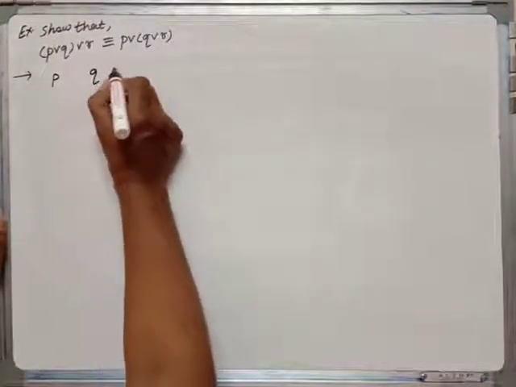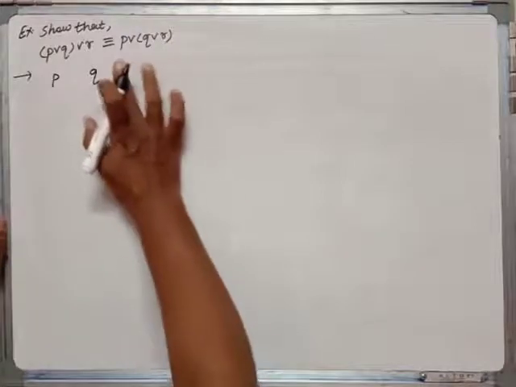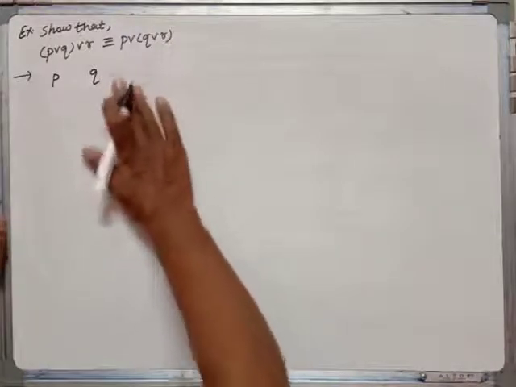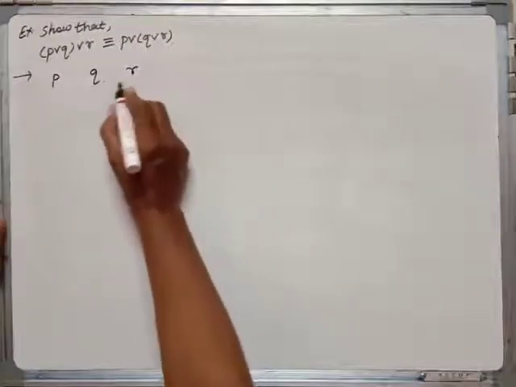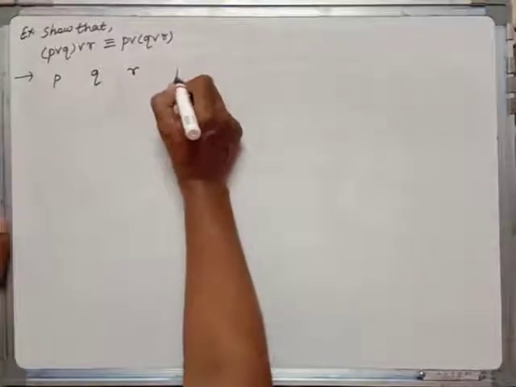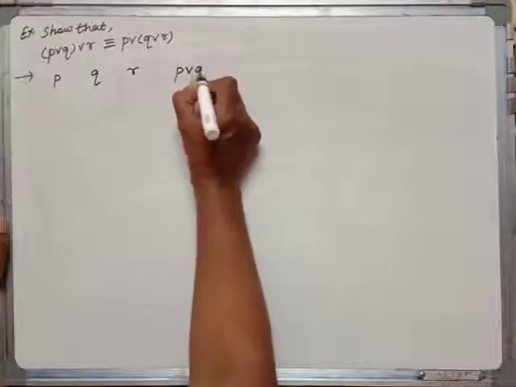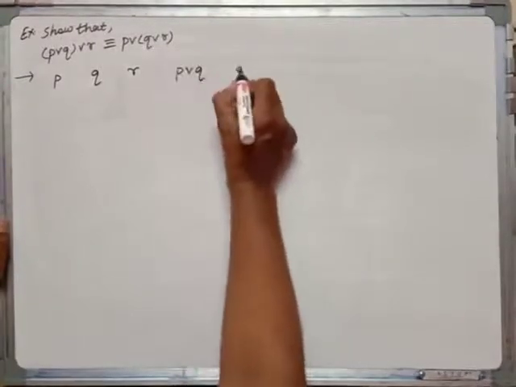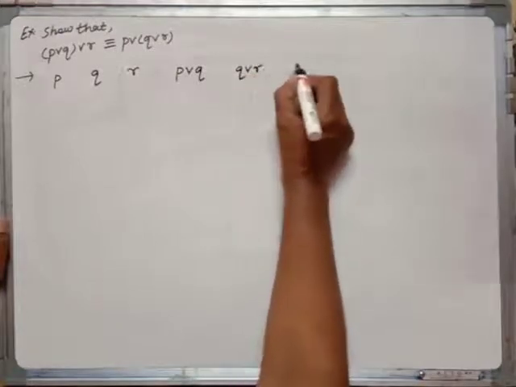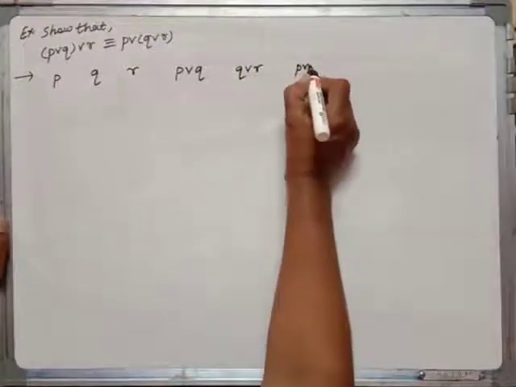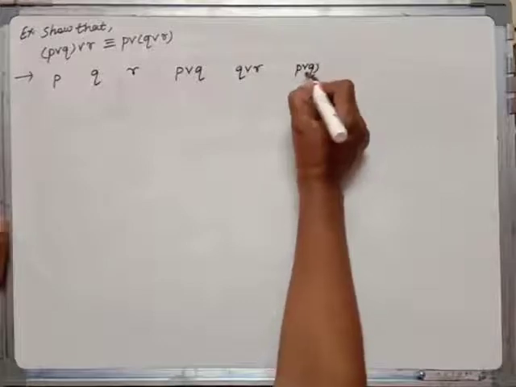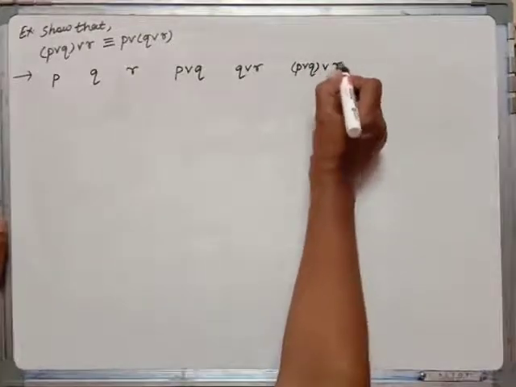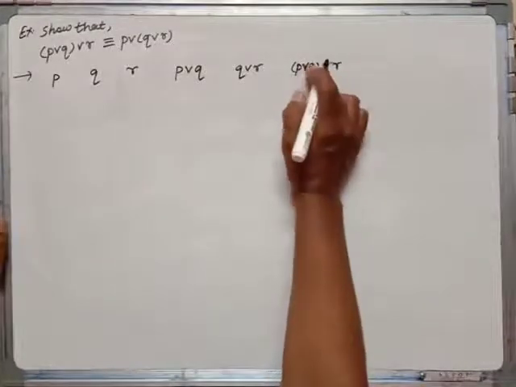In the previous example we have seen about distributivity. OR is distributive over AND. So now P, Q, R. Here we need P or Q. Also we need Q or R. Now here (P or Q) or R, okay.